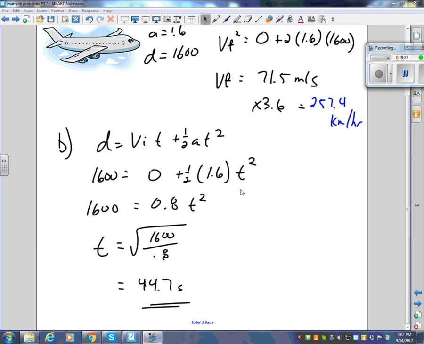Air is thinner, less lift, which means you actually have to be going faster. And the longest runway in the world, want to take a guess? How long is it? Over 5.5 kilometers long, 5,500 meters. And that is in the mountains of Tibet. That is pretty big. So some interesting little facts for you.